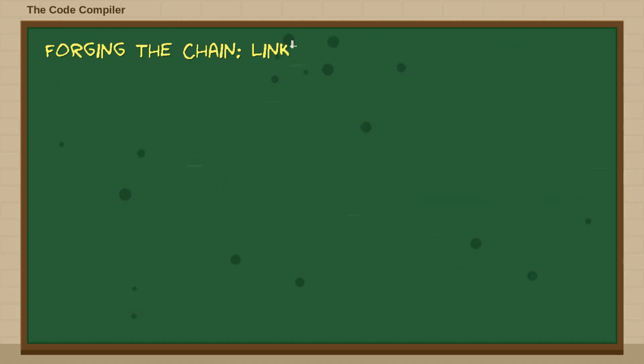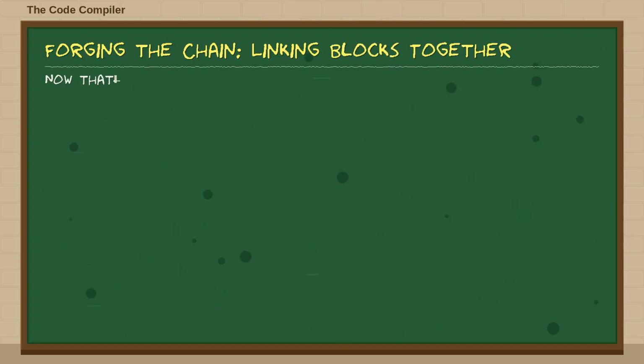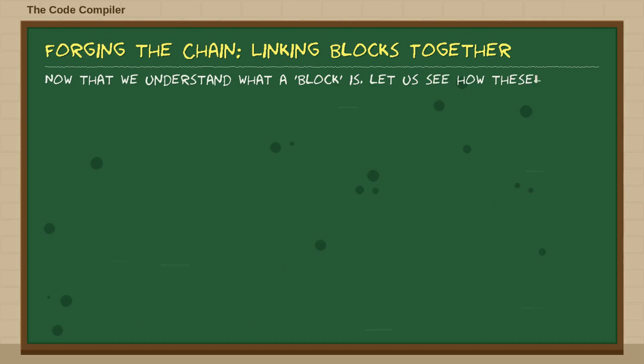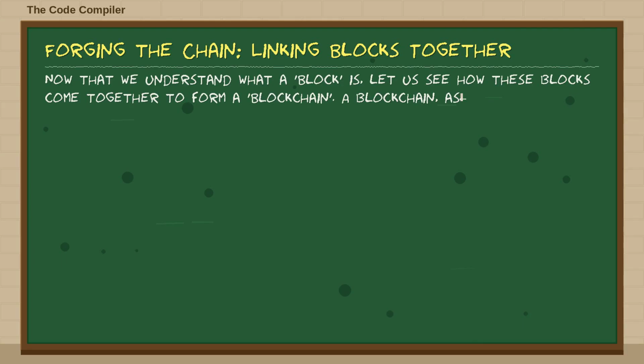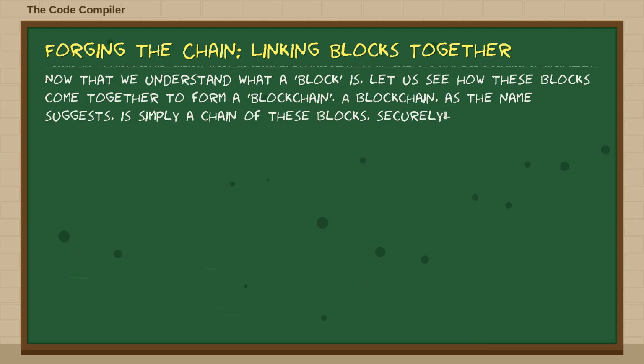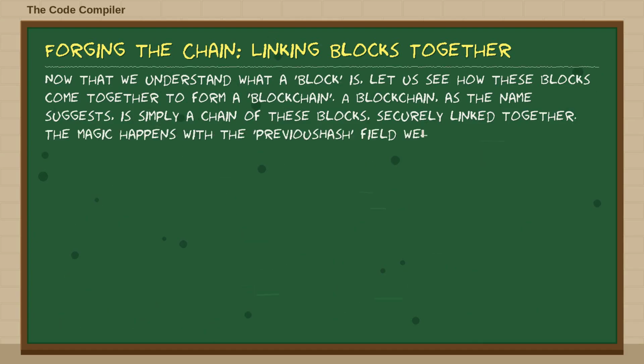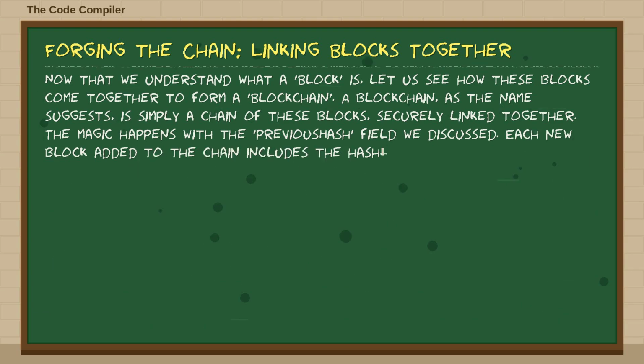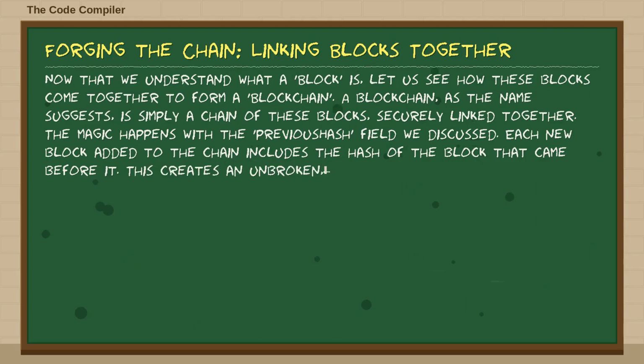Now that we understand what a block is, let us see how these blocks come together to form a blockchain. A blockchain, as the name suggests, is simply a chain of these blocks, securely linked together. The magic happens with the previous hash field we discussed. Each new block added to the chain includes the hash of the block that came before it.